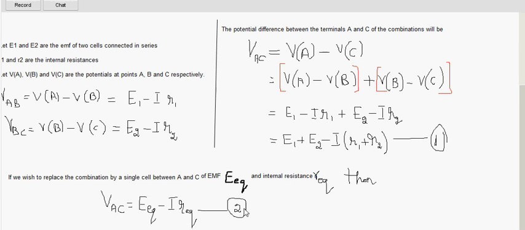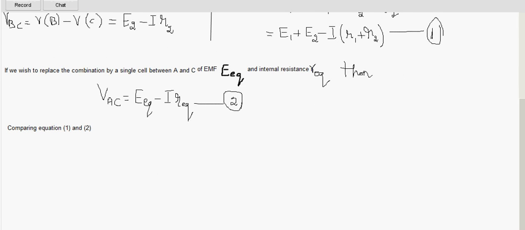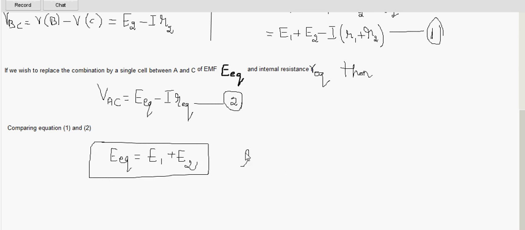Now we combine equation 1 and 2. Comparing equation 1 and 2, we can write E equivalent is equal to E1 plus E2, and R equivalent is equal to R1 plus R2.